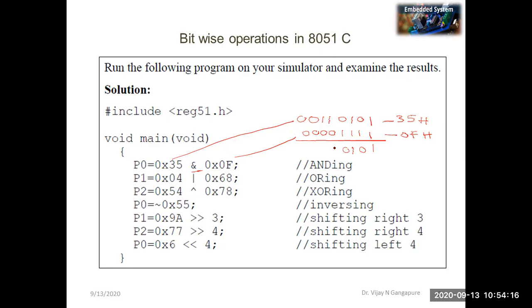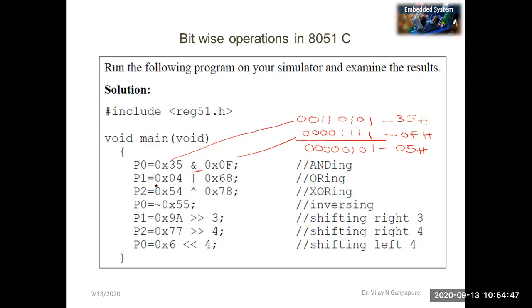Here again 1 and 0 produces 0. Here 1 and 0 produces 0. Here 0 and 0 produces 0. Here 0 and 0 produces 0. So what is the answer? That is 05H, the result of the bitwise AND operation between 0x35 and 0x0F. So this 05 will get outputted to port 0.